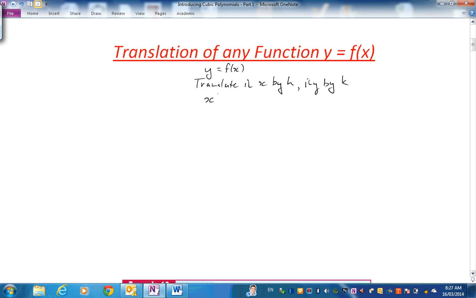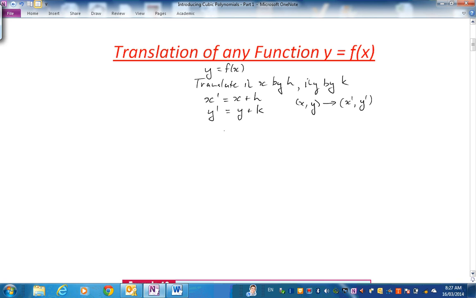My new position for my point, my new x, will be my old x moved h. My new y will be my old y plus k. So that's how we've moved the points. So the original point (x, y) on the Cartesian plane has been moved to (x', y'), x dash, y dash.